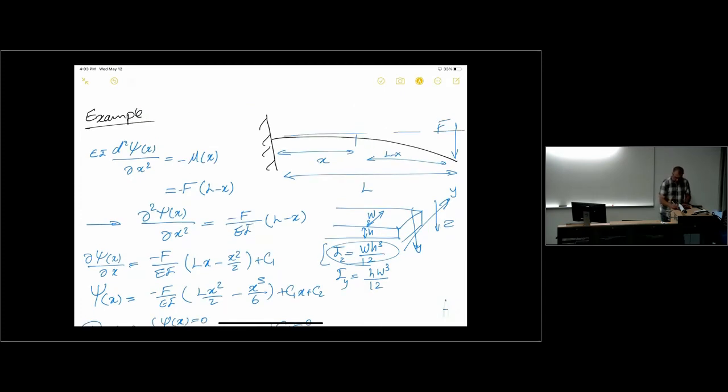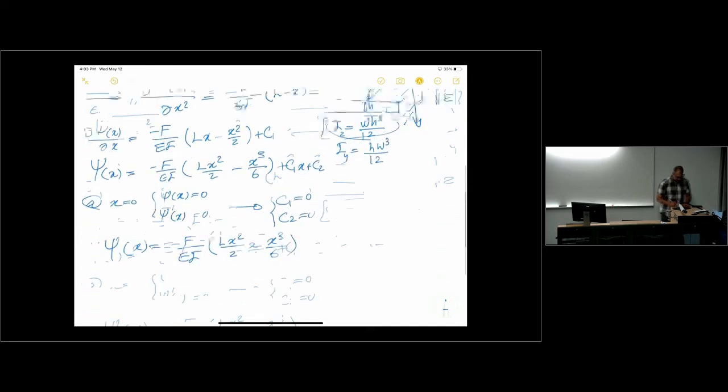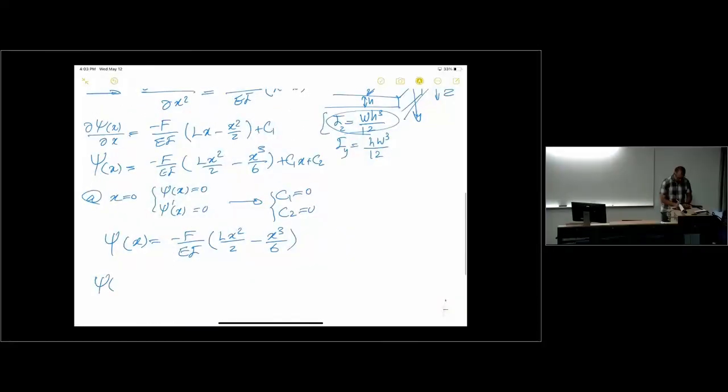So this is the original displacement. This psi at x equal L is going to be minus F over EI times L cubed over 2 minus L cubed over 6.